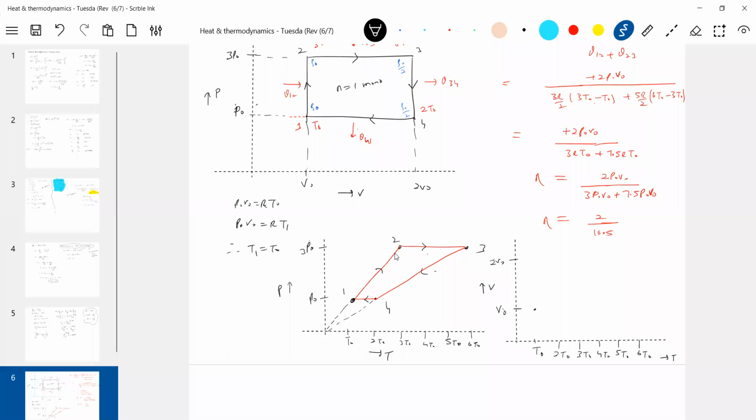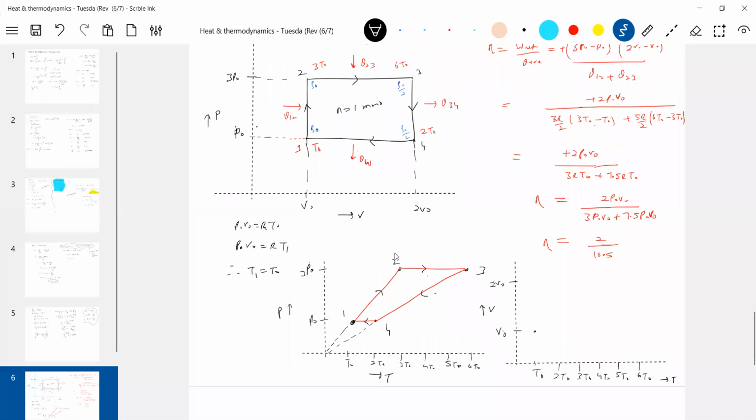For point 2, it should be V naught and 3 T naught. For point 3, it should be 2 V naught and 6 T naught. The last point is 2 V naught and 2 T naught.